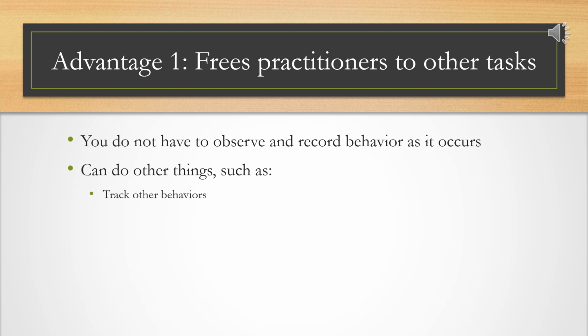There are some behaviors that are not appropriate for permanent product recording, and therefore may require real-time recording instead. By tracking some behaviors with permanent product recording, you are freeing yourself to focus on those behaviors that require in-the-moment decision-making and recording. You can also allot more time to other clients or students in the environment.